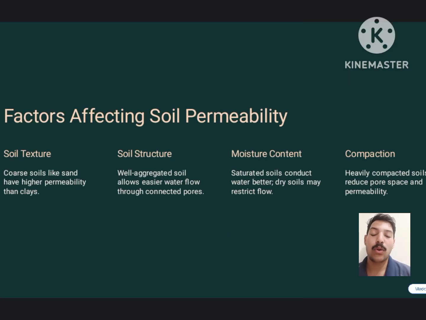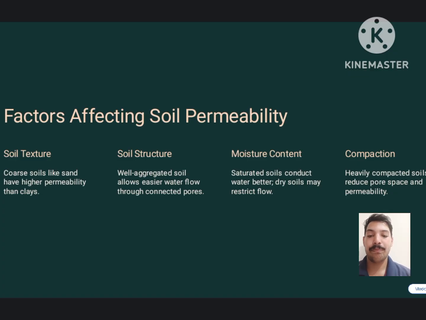There are some factors that might affect soil permeability. First is soil texture. Coarse soils like sand have higher permeability than clays. So we can say clays have lower permeability than soils like sand.